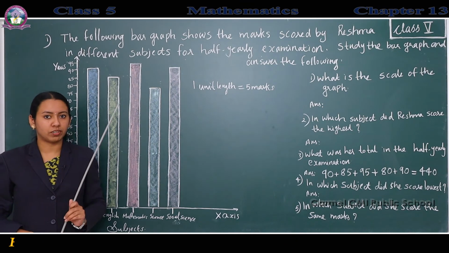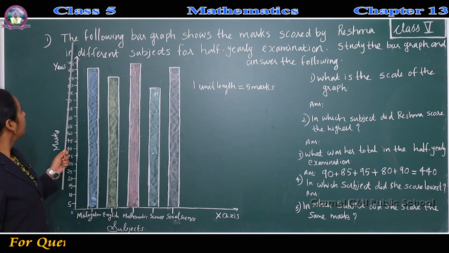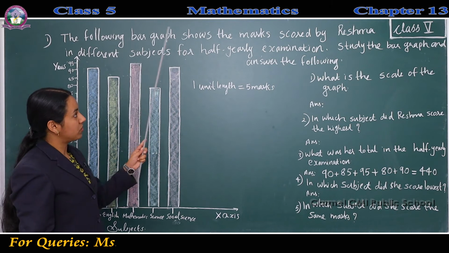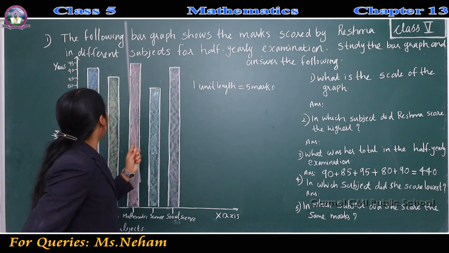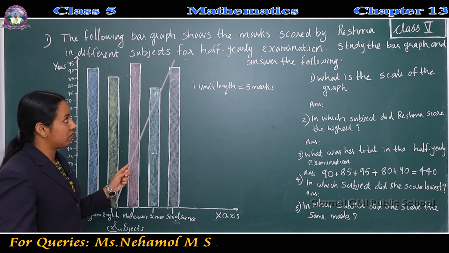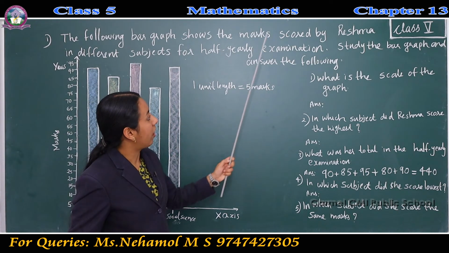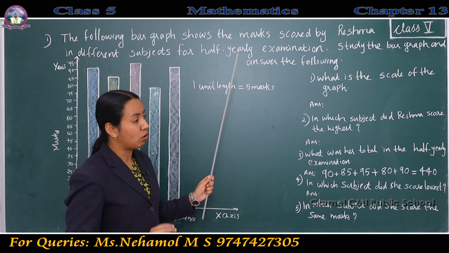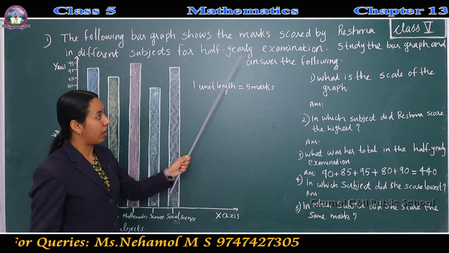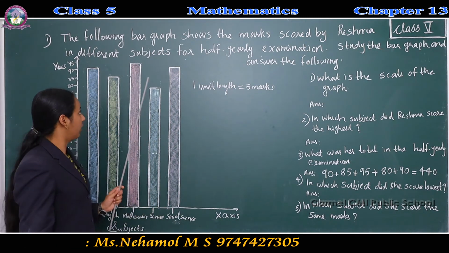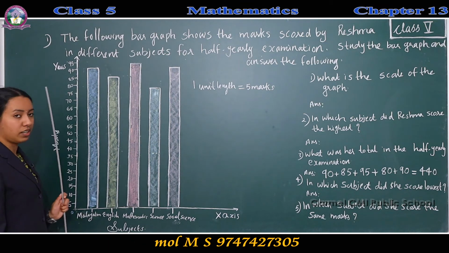Now we can solve one question. The following bar graph shows the marks scored by Reshma in different subjects for half-yearly examination. Study the bar graph and answer the following. That means observe the bar graph and answer the following. This is the bar graph given.